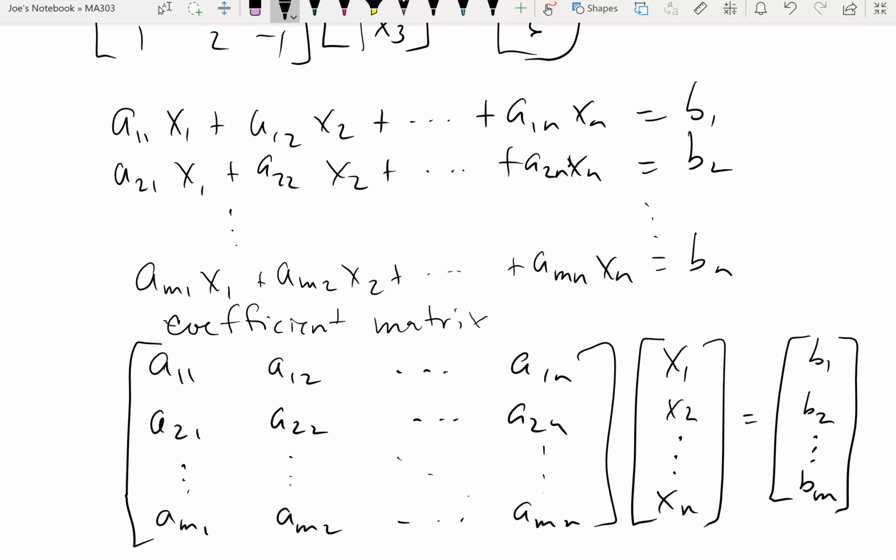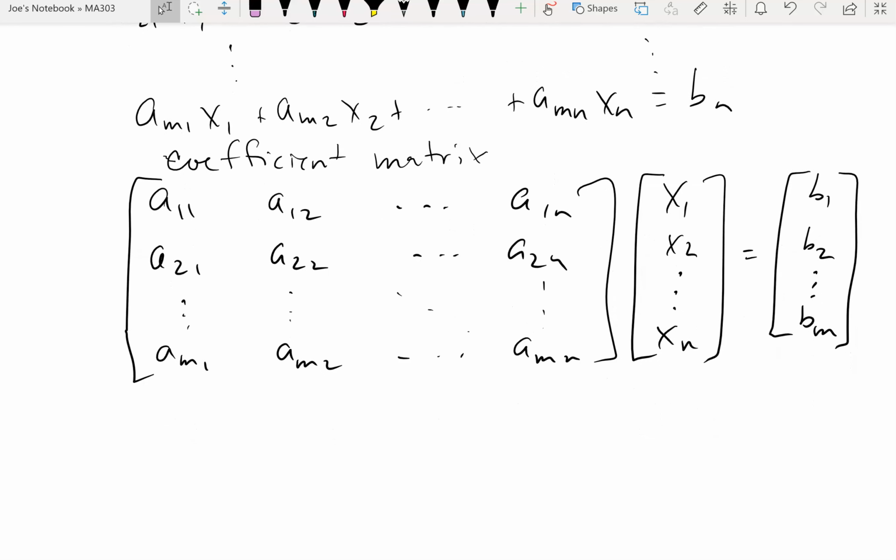All right. So again, this is our matrix equation that's associated with the system of linear equations. And we're going to come back to this concept several times. All right. So one more thing we notice is that if I do this matrix multiplication, I'm just going to use this as an example.